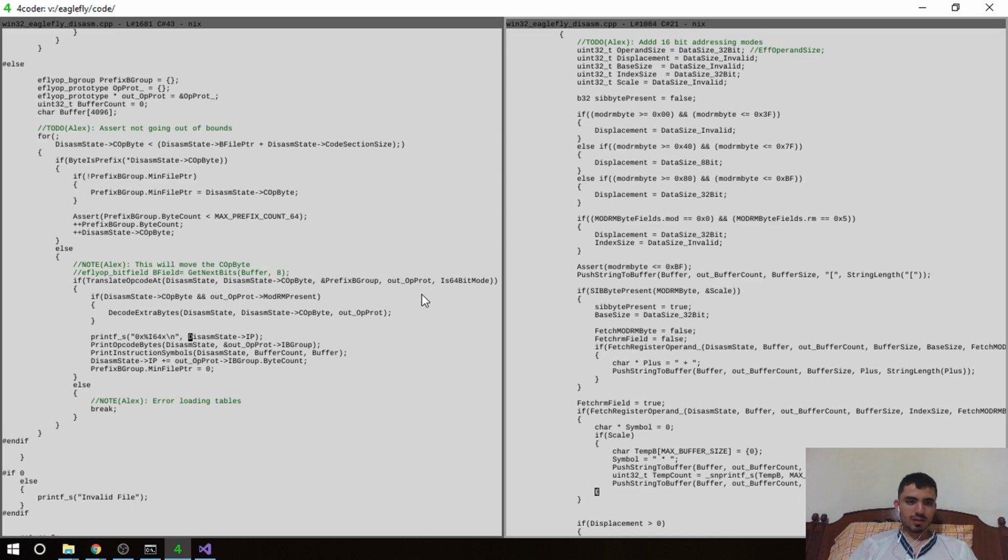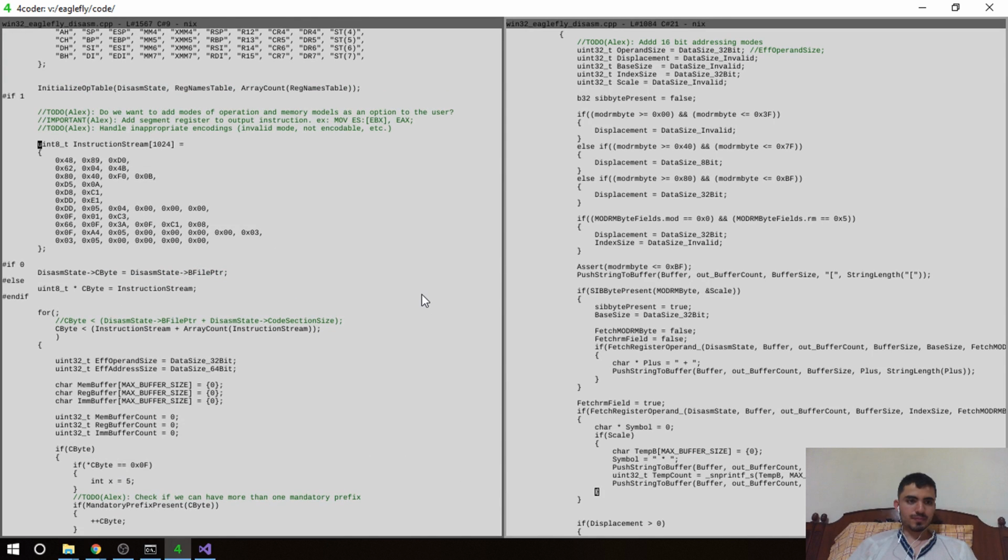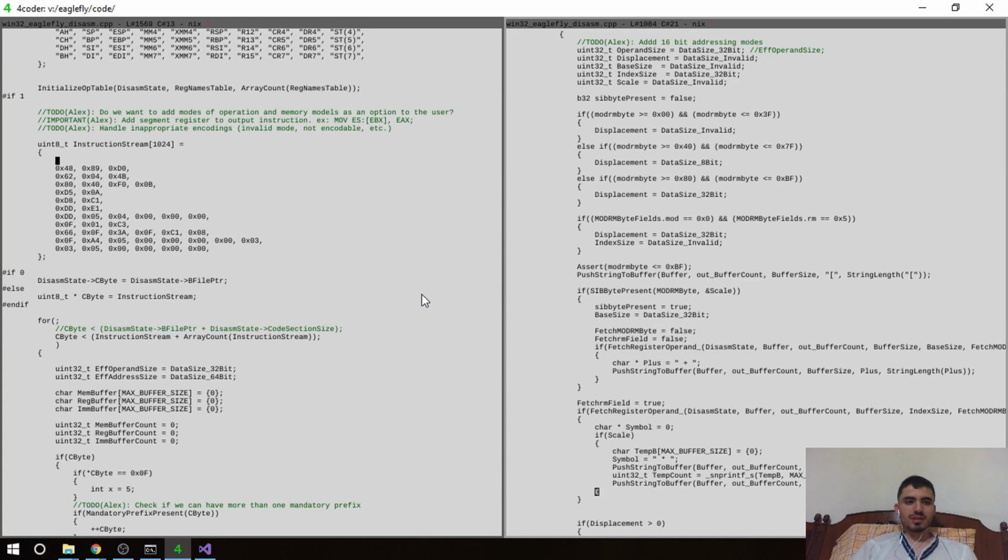So if you see here, where can I put the string here? This won't have the same 0x.